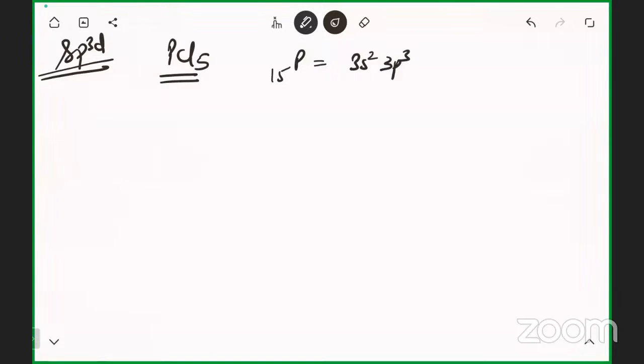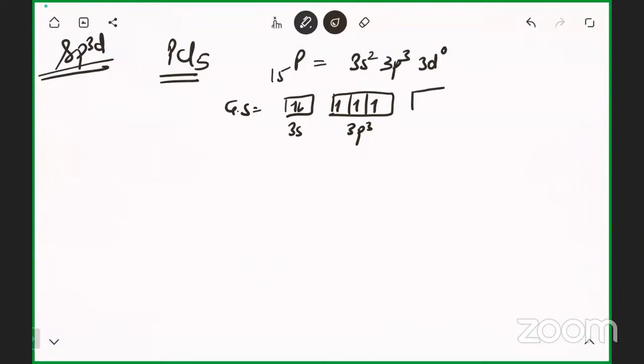Okay, so if we make the ground state of phosphorus, then it will be 3s 2 electrons, 3p3 3 electrons, and I'm taking 3d as 0. How many orbitals are present in the d? 5.